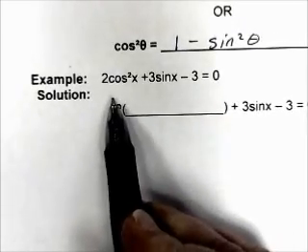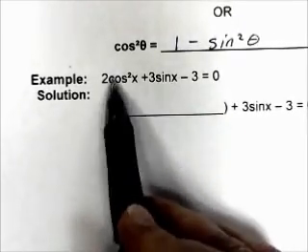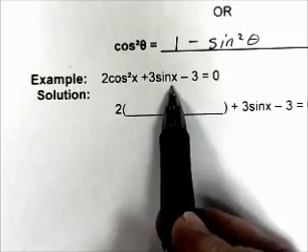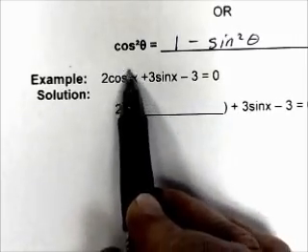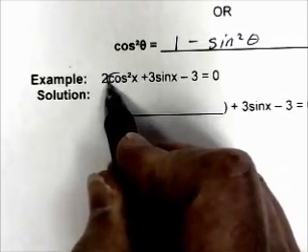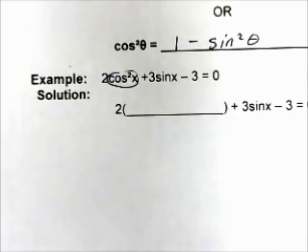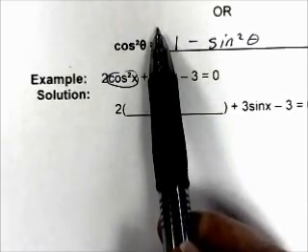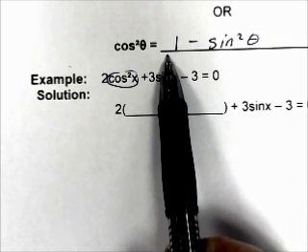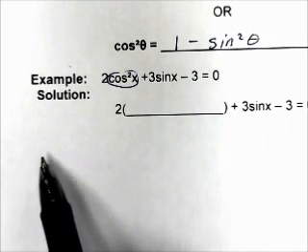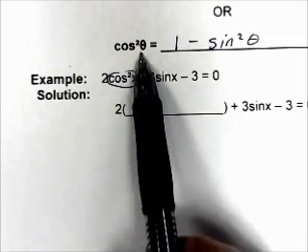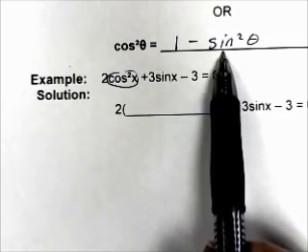Okay, so now looking at the example, where we have a cosine and a sine, we'll take the cosine squared x and replace it with 1 minus sine squared x, since cosine squared x would equal 1 minus sine squared x.